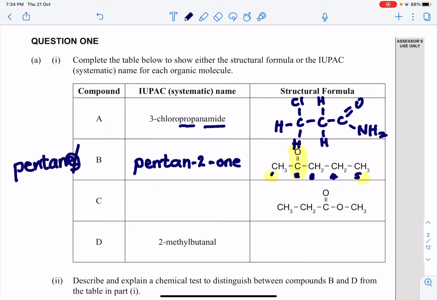Now the next one, compound C, is an ester. We know that it is an ester because of this functional group right here. To know which part we should start naming from, whether the one on the left or right side, we need to look at where the single bond oxygen is. So you start by looking at the single bond oxygen, then pick the hydrocarbon right at the end of the single bond and start naming from here.